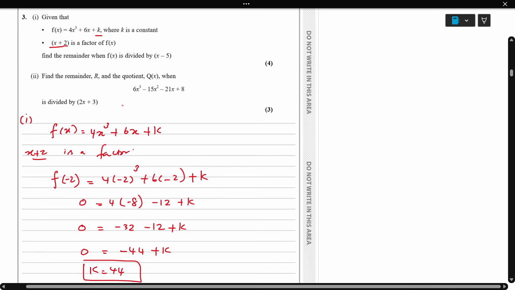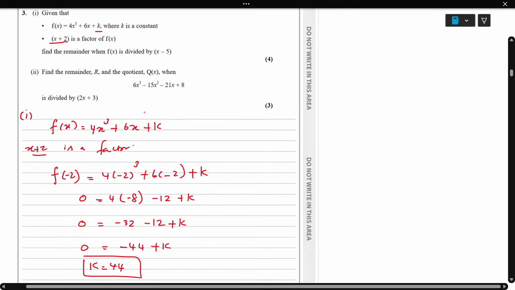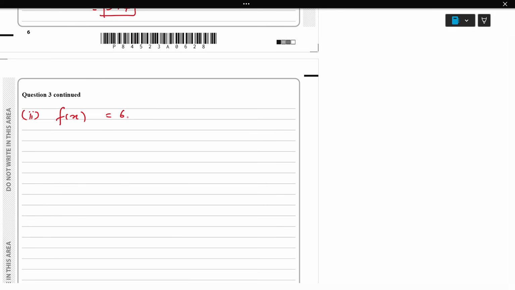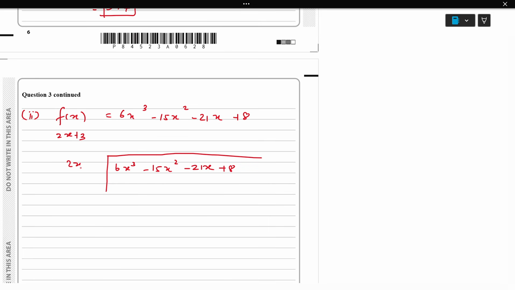Now to find the remainder and quotient, we have to go for the long division method. The function is 6x cubed minus 15x squared minus 21x plus 8, divided by 2x plus 3. In long division, always divide the first term by the first term.